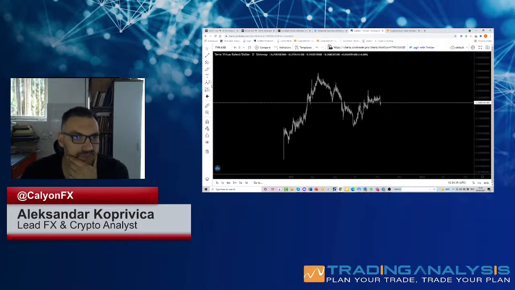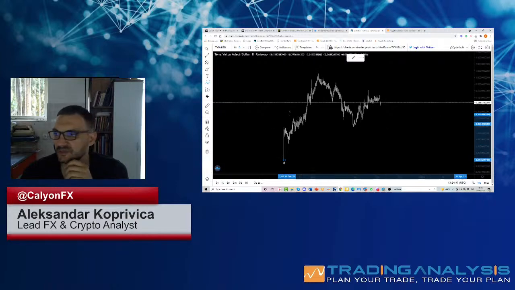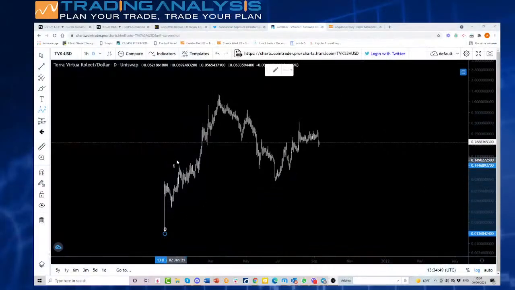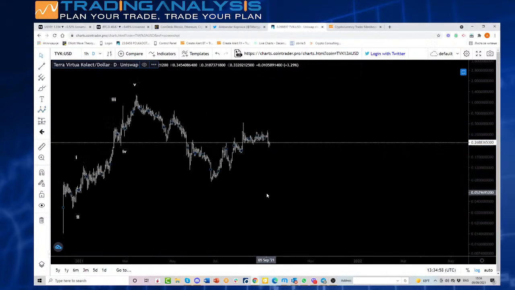I don't see very nice or very clear developments here. Let me just enlarge this so you can see it. So there is some type of a five-wave move on the upside, definitely. Not a very clean one.